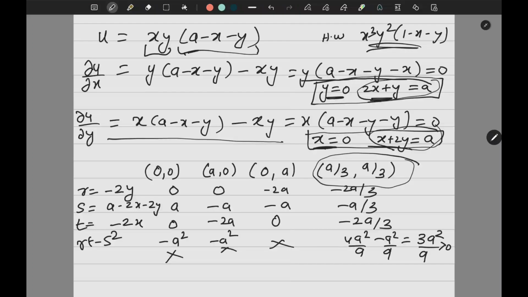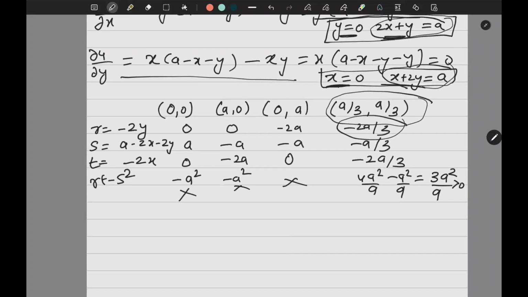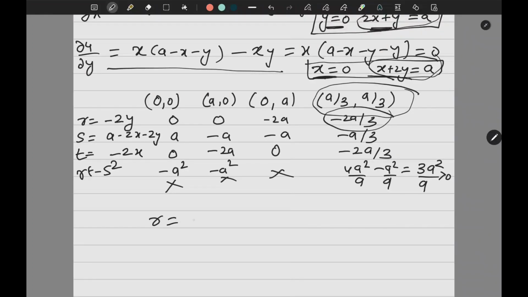So I should check the value of R. Now what is the R value? R value is minus 2a by 3. Now they have not told anything about a in this particular question. So now it will depend upon the value of a. So if a is positive, then R will become negative.